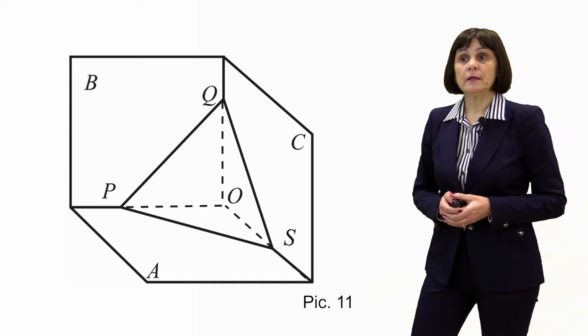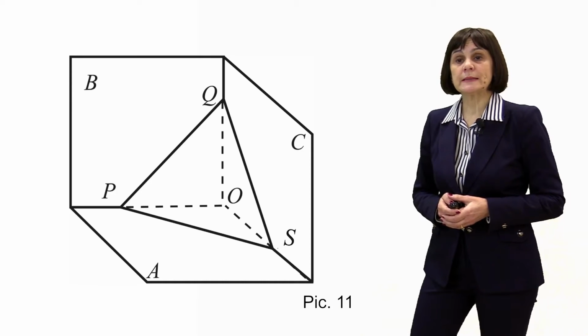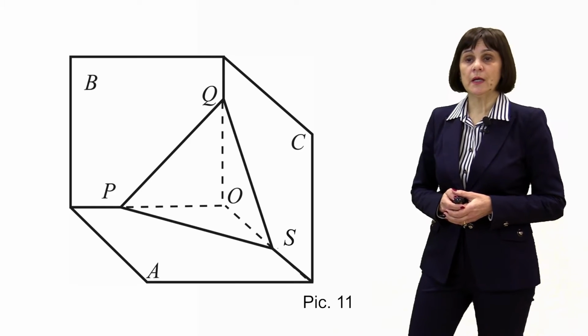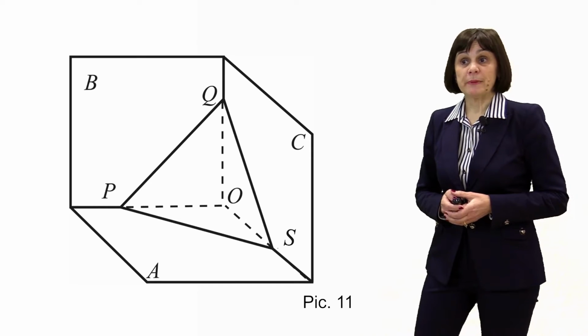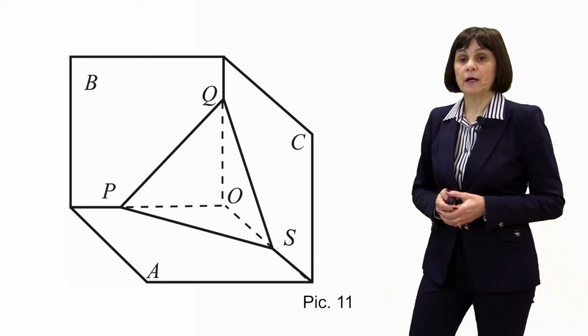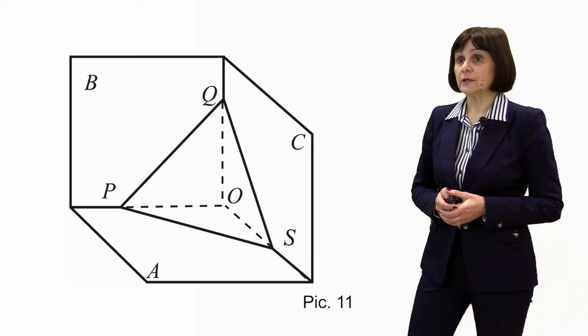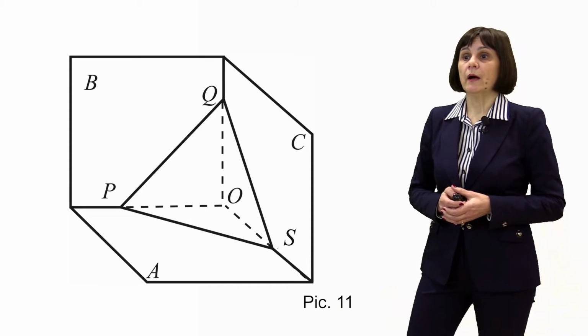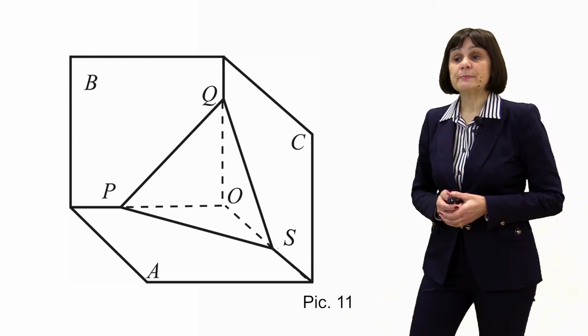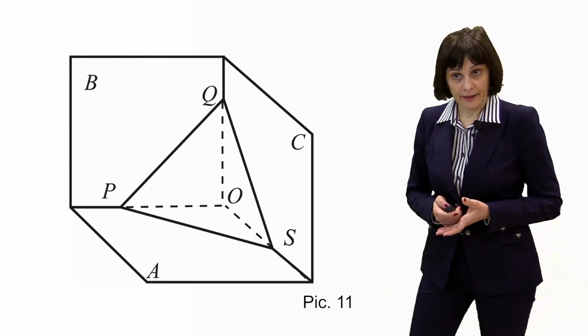The plane of general position is defined with the points P, Q, S. If this plane was perpendicular to any of these given planes, horizontal, frontal, or profile, then it would be projected on this plane in a straight line.